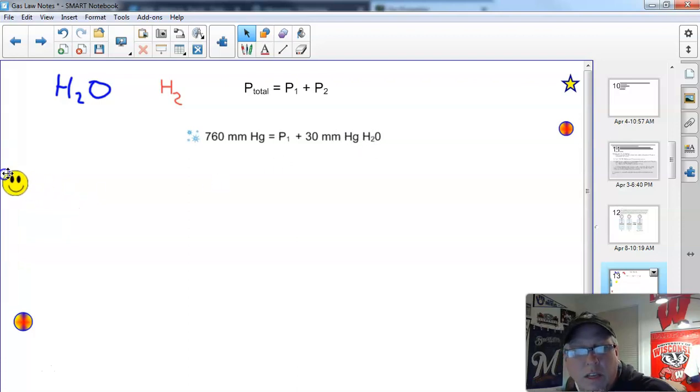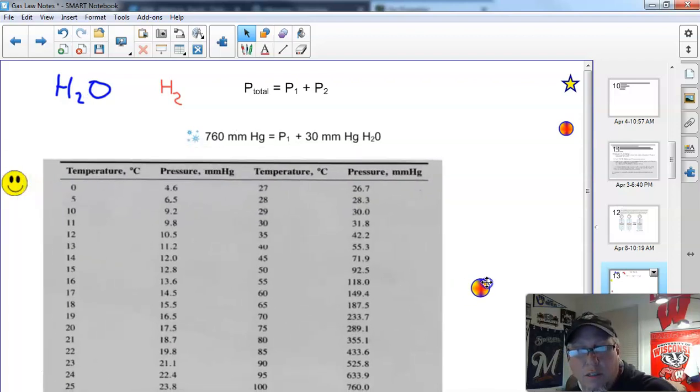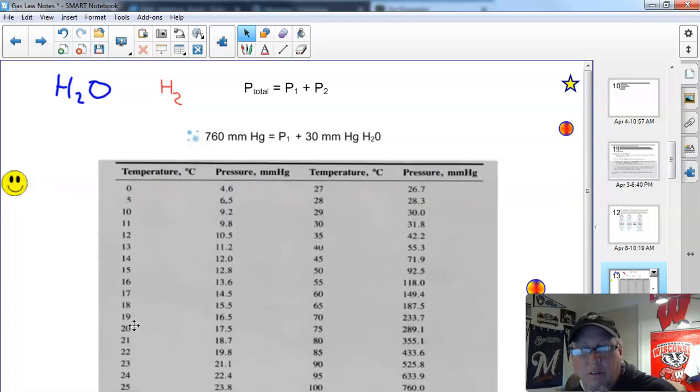We use that technique so often of collecting gas over water that we've actually put together a handy-dandy little chart that tells you, if you know the temperature in the room, if the room's 10 degrees, this is the pressure from water. If the room's 17 degrees, this is the pressure from water. In this case, since I'm telling you that it's 30 millimeters of mercury, the room temperature must have been 29.